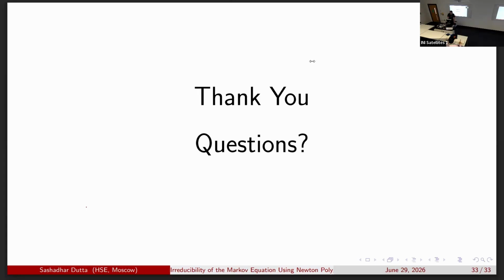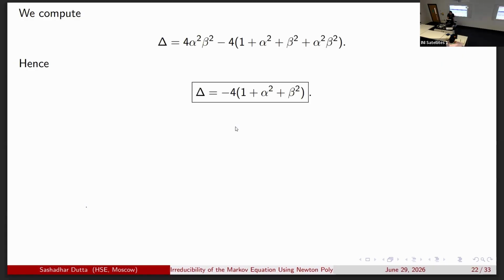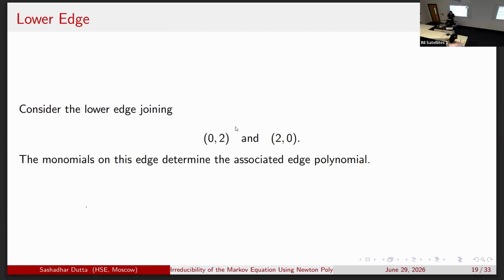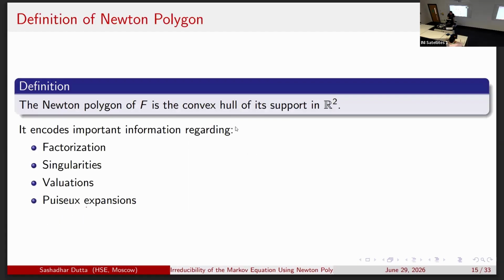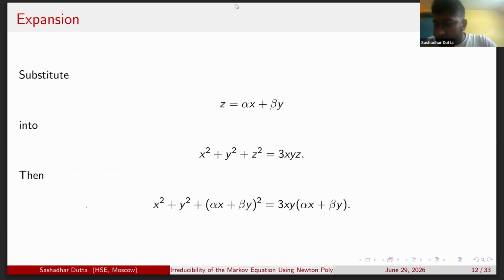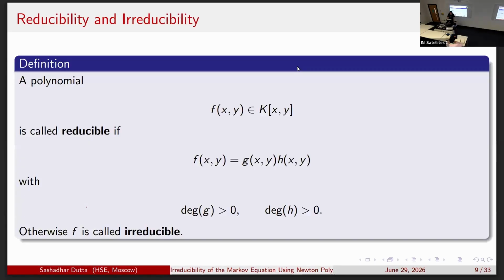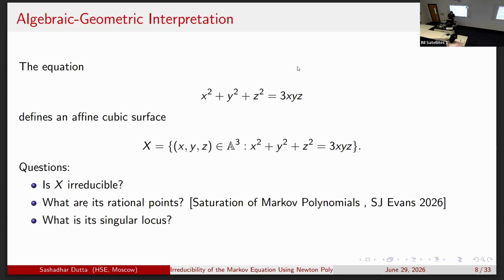At the beginning, you mentioned counting rational points. Can you count the number of rational points using this? You determine irreducibility, but at the beginning you mentioned the question: what are its rational points? Yes. There is a paper, this paper.